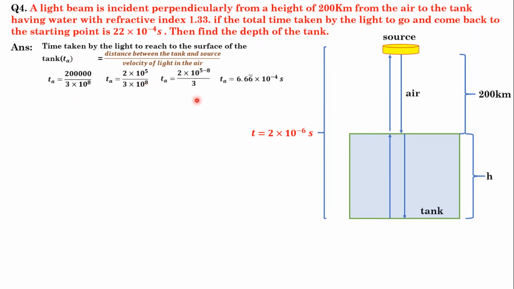So this is going to be 6.66 into 10 to the power minus 4 seconds. In this time period, light will go from there to there.